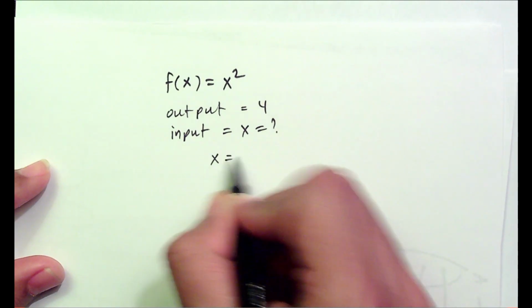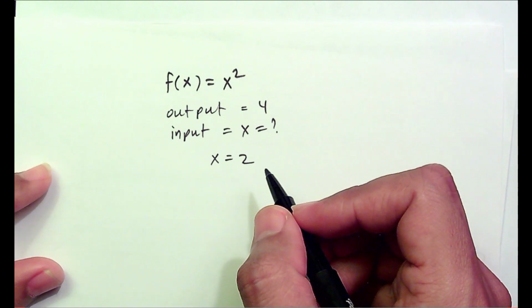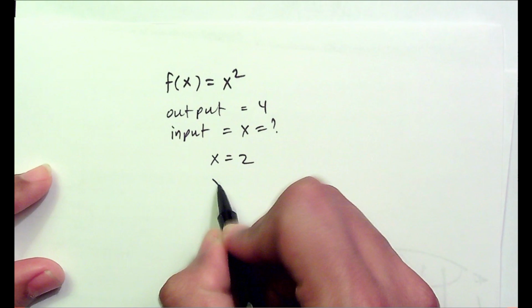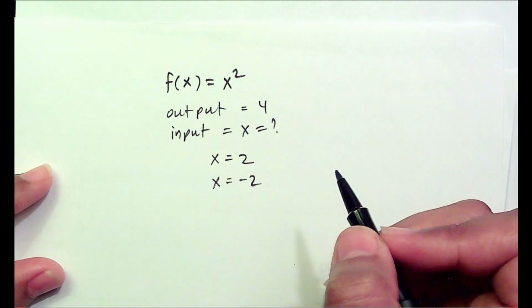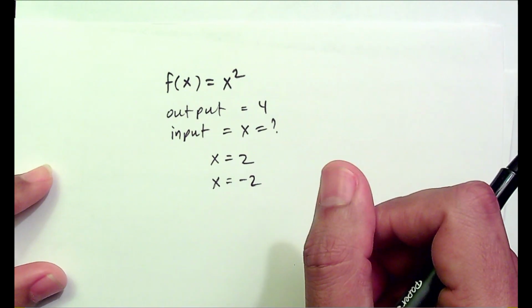Well, if you say x equals 2, that is one possibility, but it is not the only possibility, because I could have also plugged in -2 and still gotten the same answer, 4.